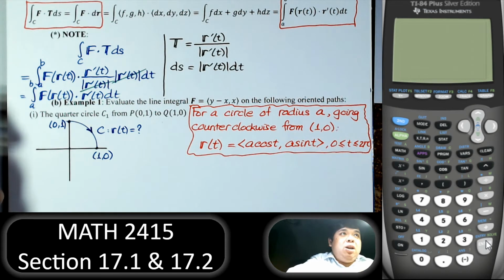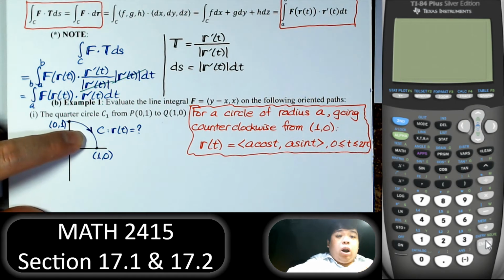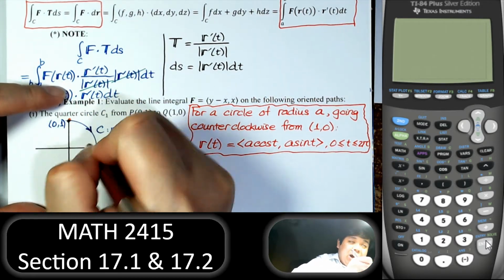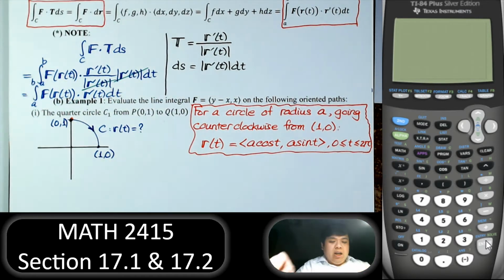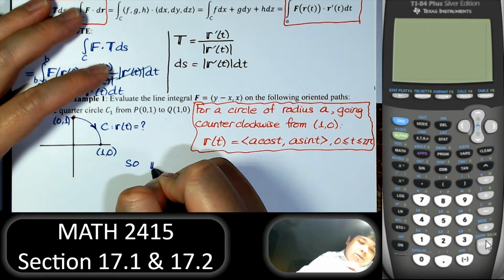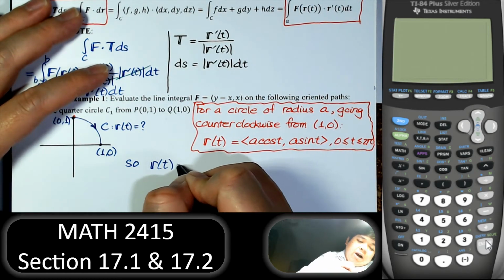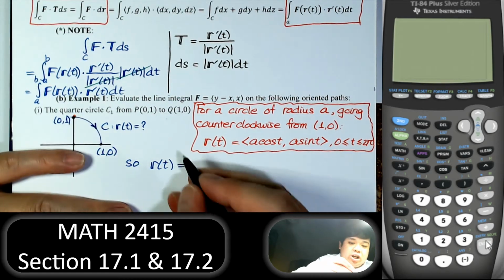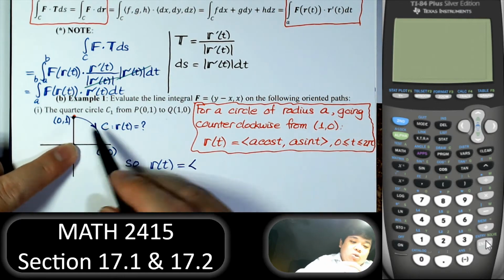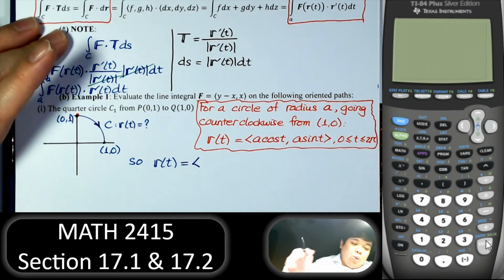Now this is completely different. It goes clockwise, and it goes from this point to that point. So there are a lot of things to consider. First of all, we have to make some changes. The radius here is 1, that at least we know.